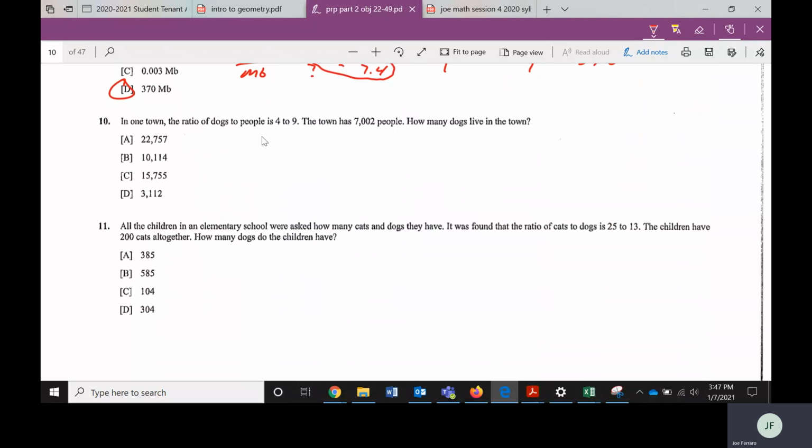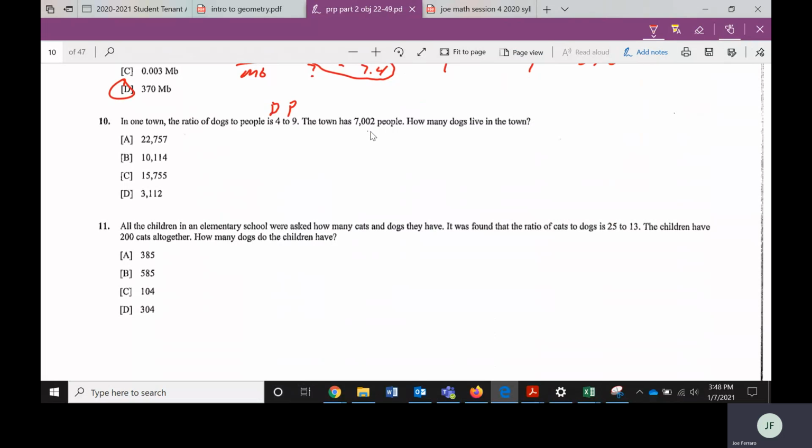says the ratio of dogs to people is 4 to 9. So dogs to people is 4 to 9.